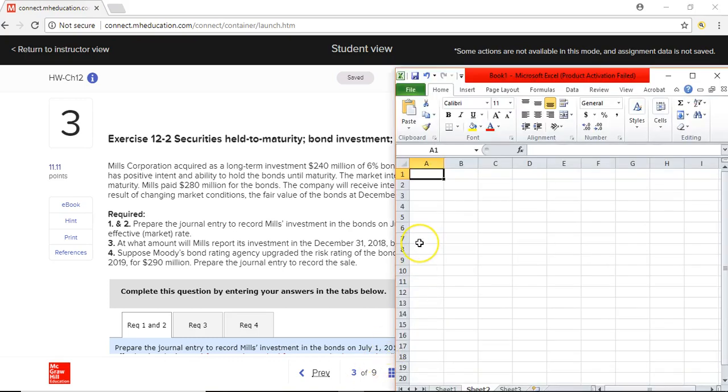So for the amortization table, we will use several columns: cash interest, effective interest, the difference between cash interest and effective interest, and outstanding balance. They purchased these bonds on July 1st, 2018.